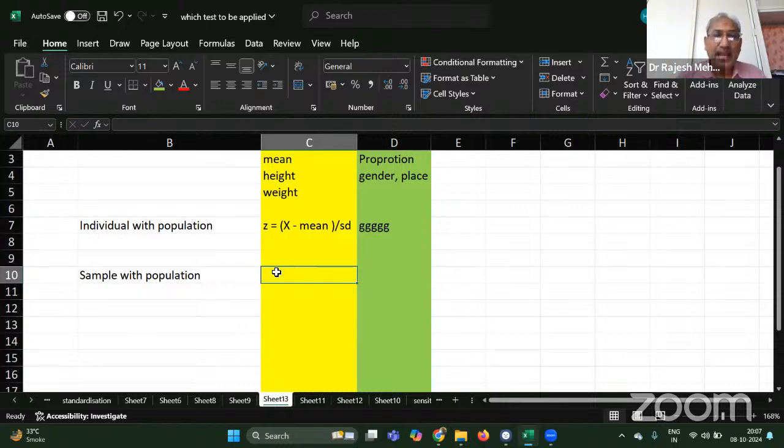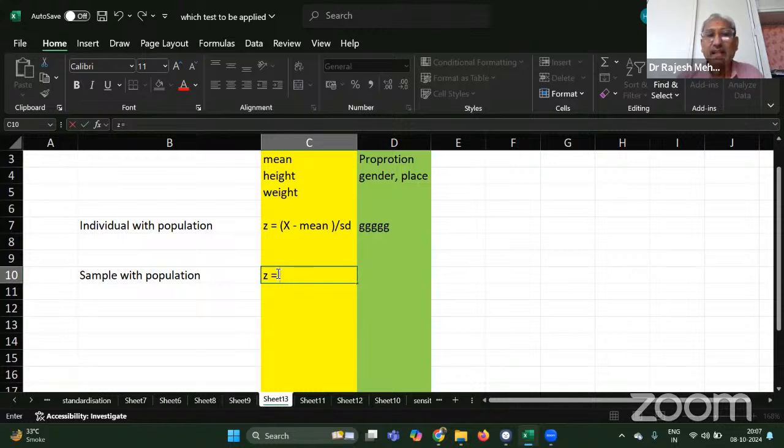At that time, you are using Z, in which you will use the standard error of mean. So you will compare the population mean with the sample mean. This, let's say, is a population mean, and this is a sample mean, and you divide it by the standard error of mean.